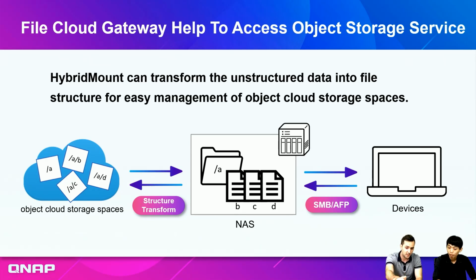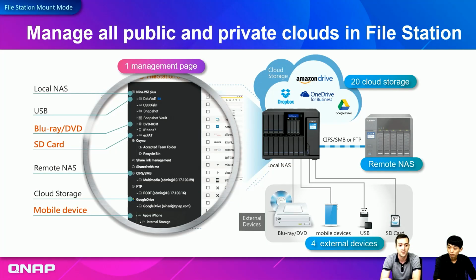For example, we take from bucket A, and it arranges the B, C, D files for us, and then through the fast, local-like connection protocols, Samba, AFP, we can see the devices on our computer the way that we want to. So this is one of the very good solutions that QNAP NAS provides as a gateway with a cloud, especially with the object-based storages.